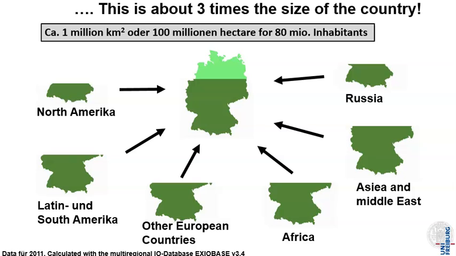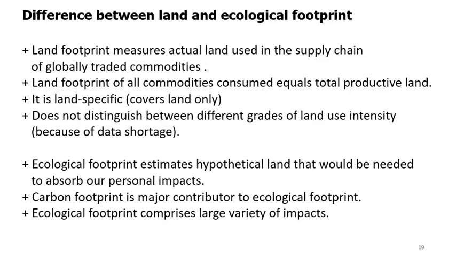And it's of course interesting to find out, and this is a scientific research question, to what extent we can scale such land footprint and to what extent this is actually sustainable or can be considered sustainable. We have here another summary of the difference between the land footprint and the ecological footprint, and I leave it up to you to read that slide.